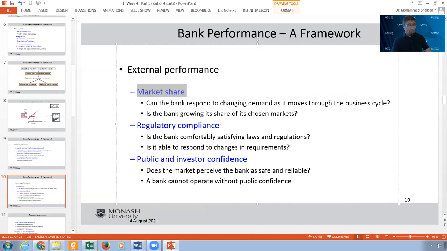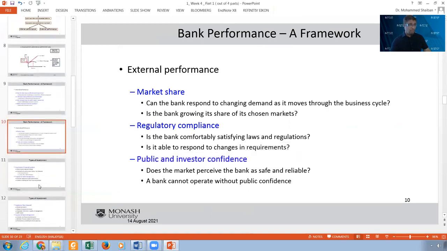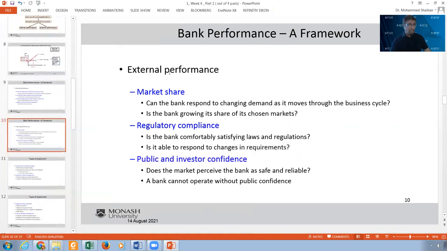And the most important thing is actually the confidence, as I told you, we are operating in something called a trust economy. So we want to see how the others are looking at us, because if our image goes down in front of the regulators or the public, every depositor will come and withdraw their money, and nobody will even come and take loans from us.